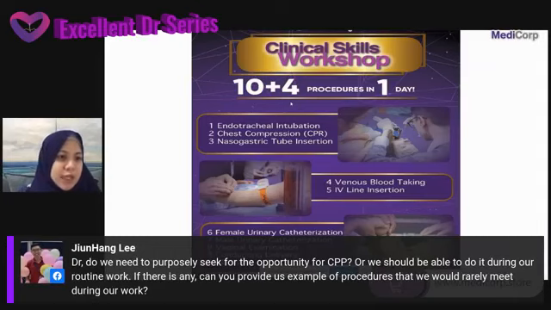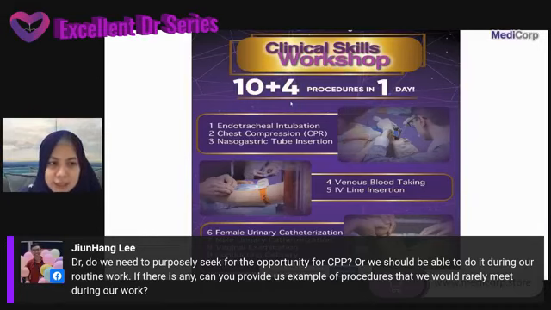Another good question by Jun Hang Lee. Doctor, do we need to purposely seek the opportunity for CPP, compulsory perform procedures, or we should be able to do it during our routine work? If there is any, can you provide us an example of a procedure that we would rarely meet during our work?